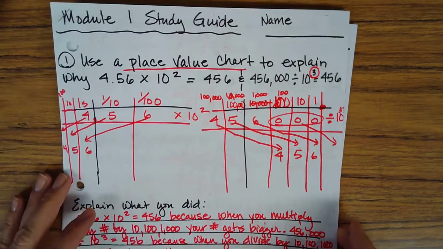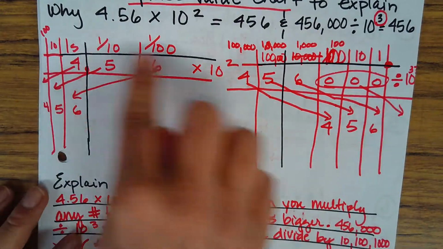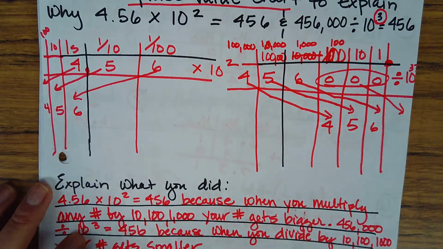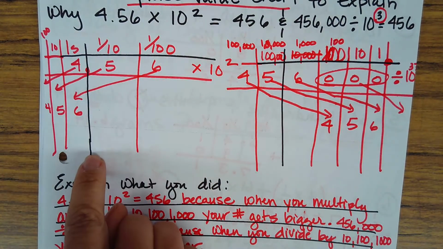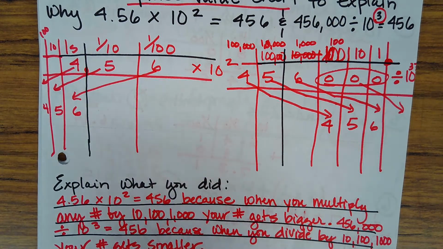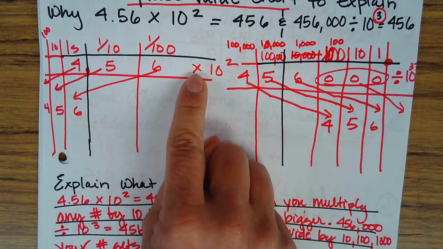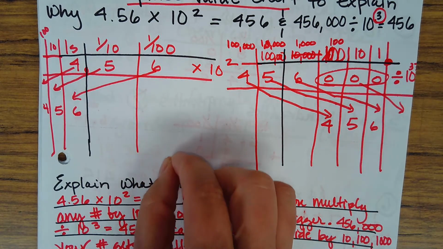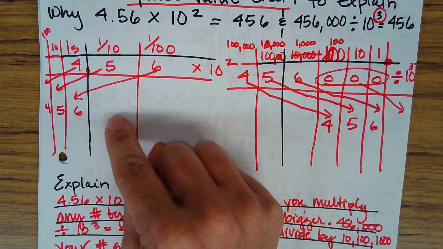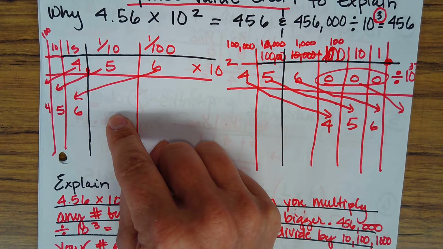So what I have done is I used the place value chart at the beginning to show you how you use the place value chart. So just drawing the lines and showing me that it's 10 to the second is proof. You are proving to me you understand which way the decimal moves and why.